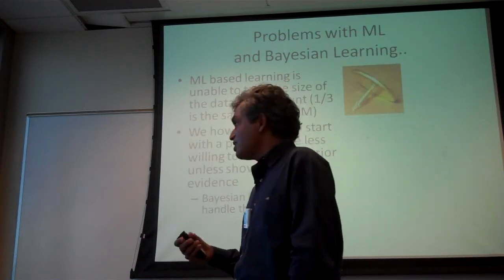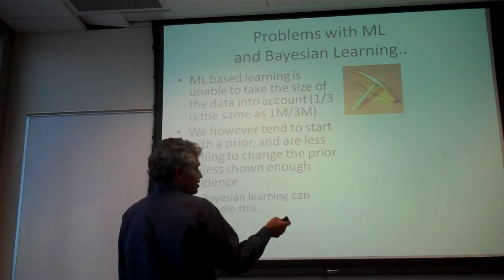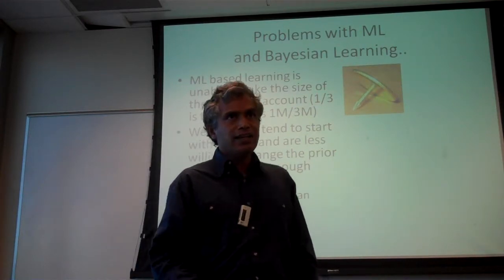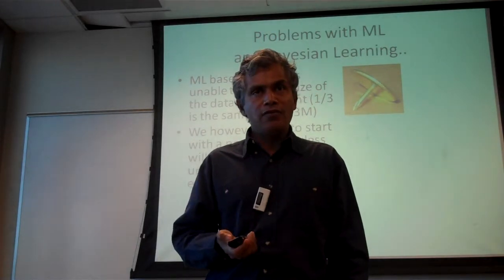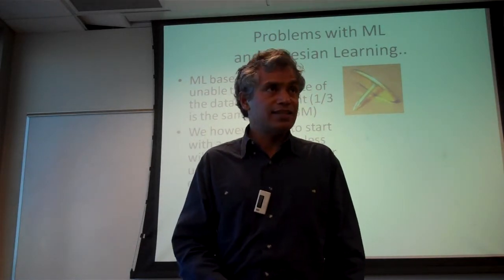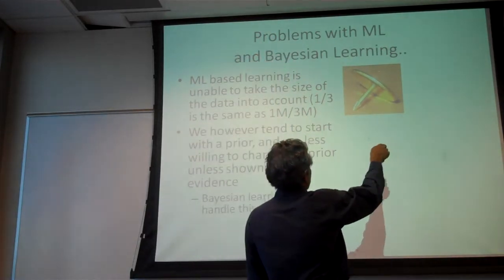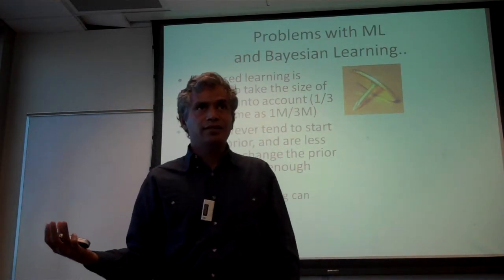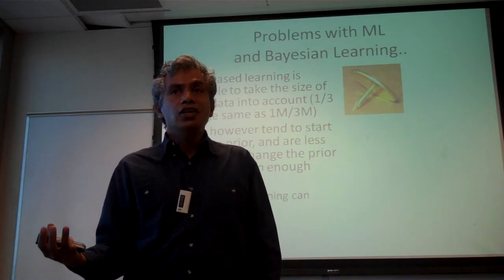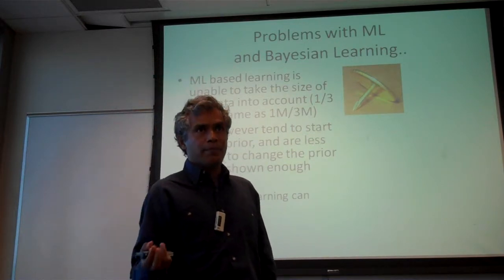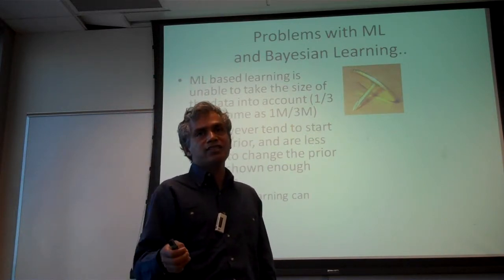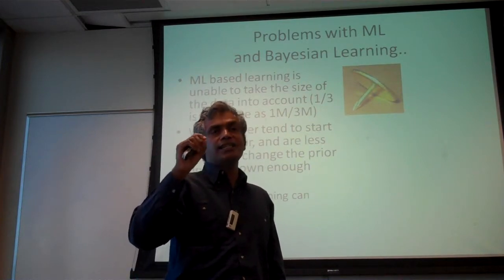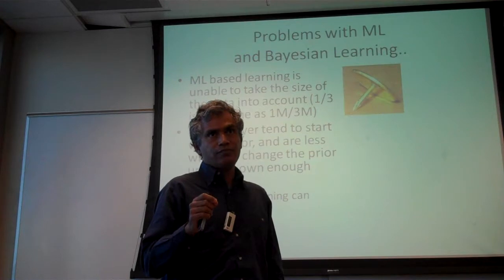So before you even start tossing the thumbtack, you have a prior. If it's a flat prior, that means you don't know anything about what happens to thumbtacks when you toss them. If, on the other hand, you think you know what happens when a coin is tossed, then you have a more peaked prior, saying theta is always closer to half.